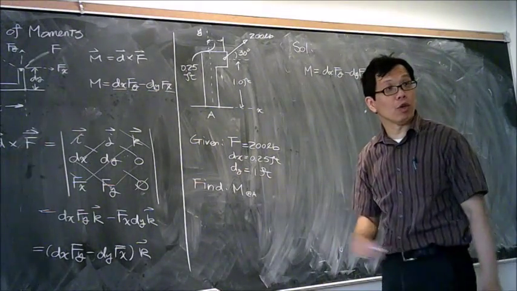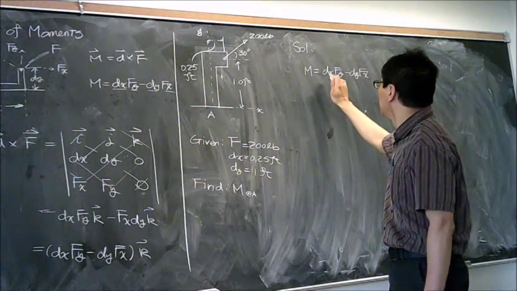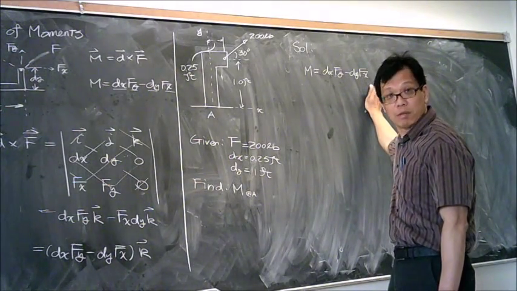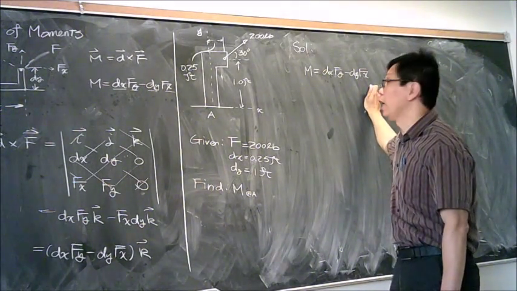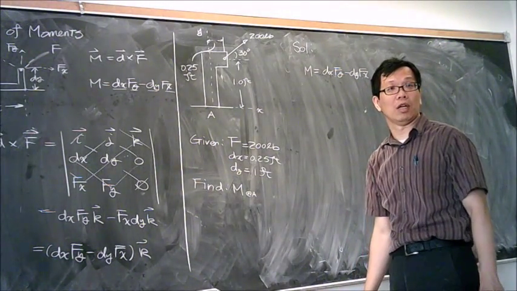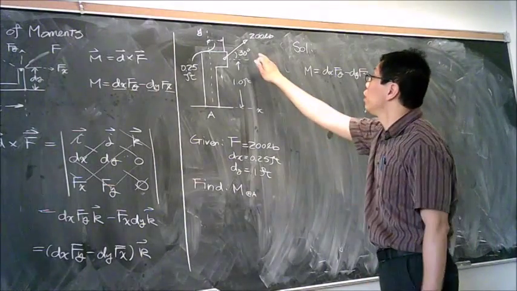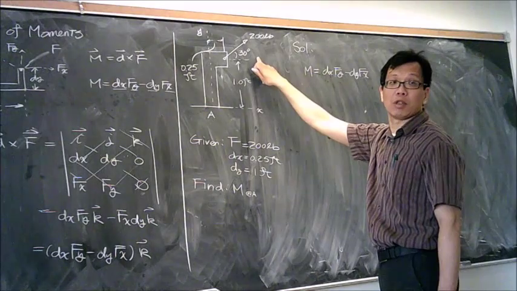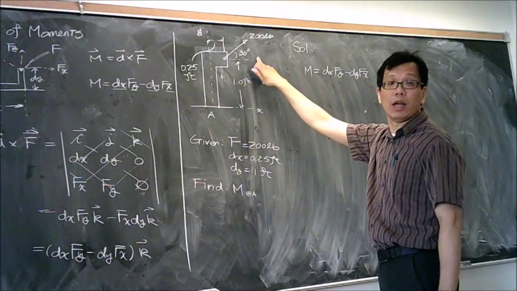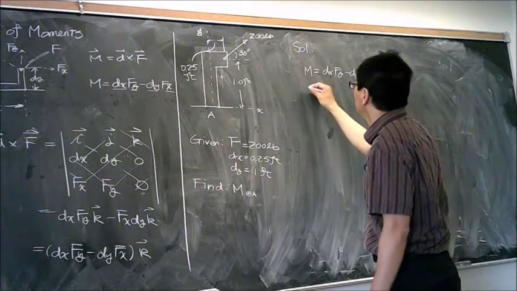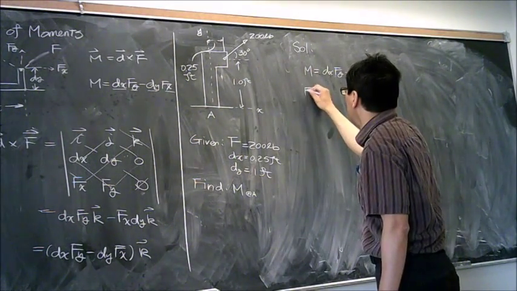Keep in mind, when you are using this formula, all the individual terms over here need to be in the positive direction. Okay, so over here we know that dx and dy are positive numbers. We need to identify whether, when we decouple 200 pounds into x and y directions, they are positive or one of them is going to be negative. But in this case, they are all positive.